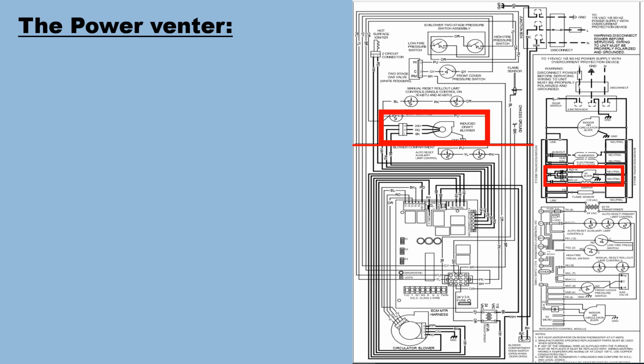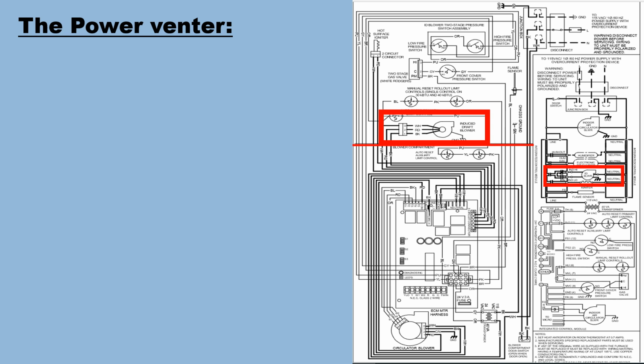A draft inducer is on an 80 plus unit, and that acts as a regulator of air through the heat exchanger. But it also, if you ever look at the tables, is a fan assist unit, because the fan does assist the flue gases a little bit, but the natural draft of the flue is what really vents the flue gases.